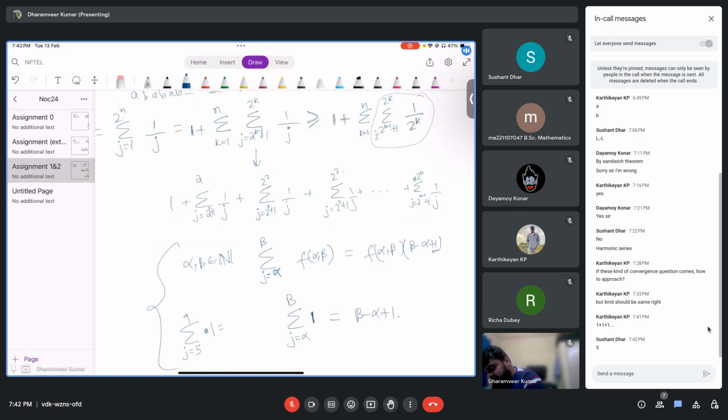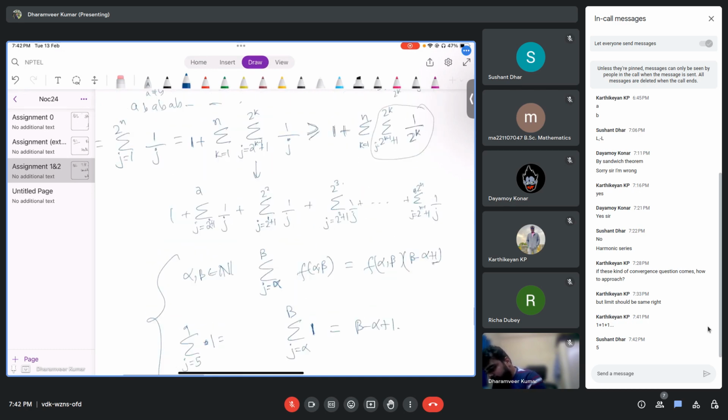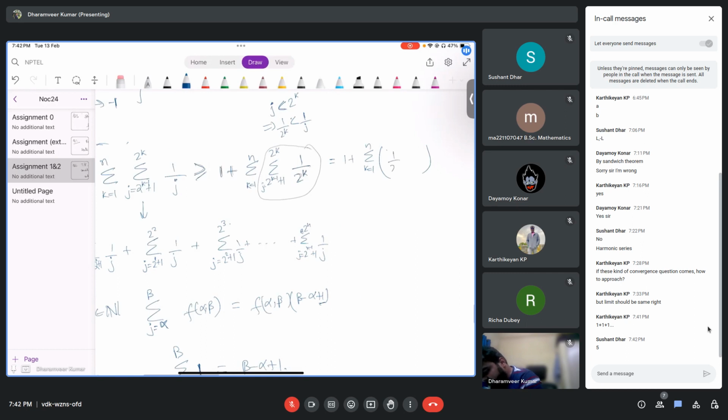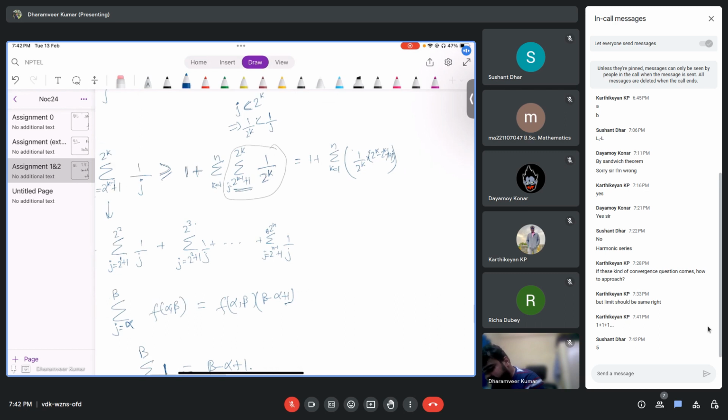So whenever you do this, over here, this is equal, I'm not taking inequality. There's no sum over j. So this whole thing is nothing but 1 over 2k into 2k minus 2k minus 1 minus 1 plus 1. So minus 1 gets cancelled.